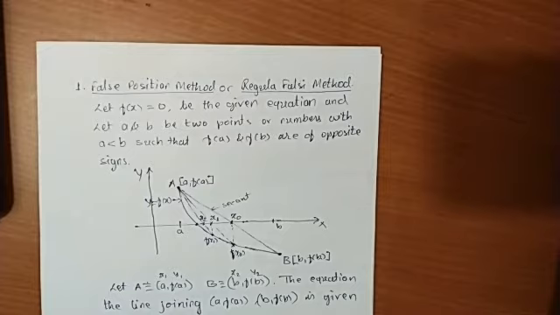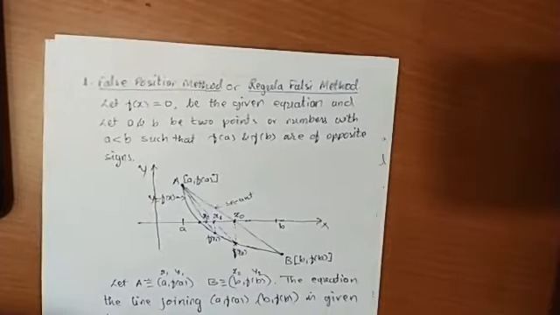So (y minus f(a)) divided by (f(b) minus f(a)) is equal to (x minus a) divided by (b minus a). So this is the equation of the chord, the equation of line AB or chord AB or secant AB.